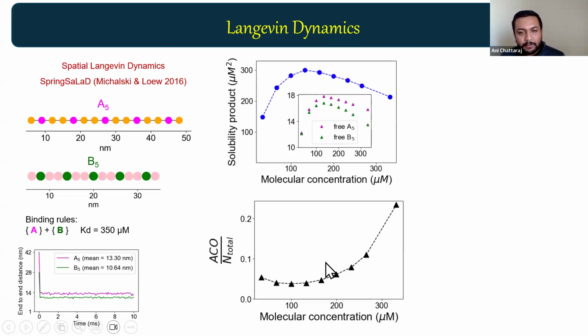So this is a similar kind of behavior: solubility product on the top and ACO at the bottom. This is the clustering tendency. So we see that the solubility product reaches a maximal level where the ACO starts to increase. So they are pointing towards the same thing that we learned from NFsim.